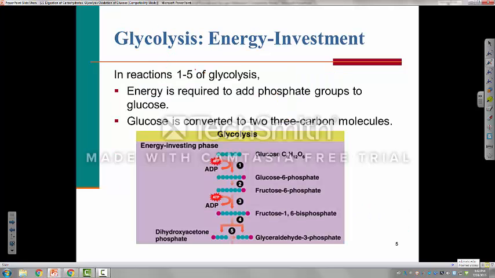So I mentioned there's 10 reactions. The first 5 they refer to as energy investment, and this first reaction, you should know, is catalyzed by hexokinase, very important enzyme. I think we talked about hexokinase in the lecture on enzymes and turnover number and conformational changes and stuff like that. It's a really kind of a neat enzyme. And it will stick phosphate onto the carbon number 6 of glucose, so we get glucose 6-phosphate.